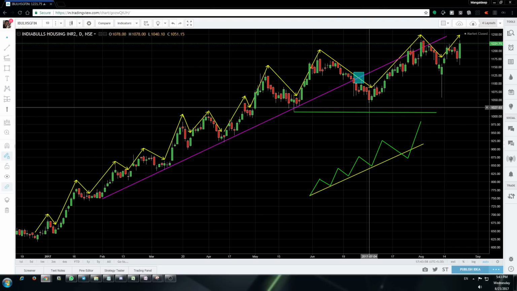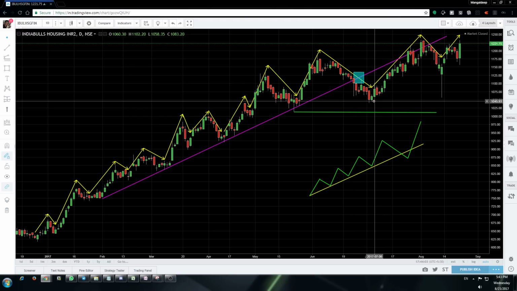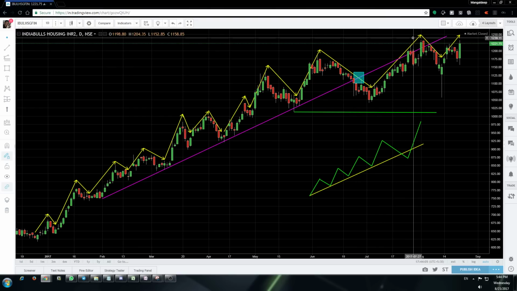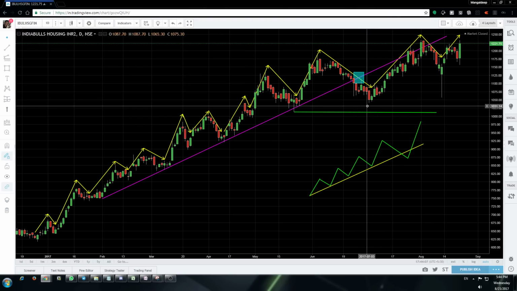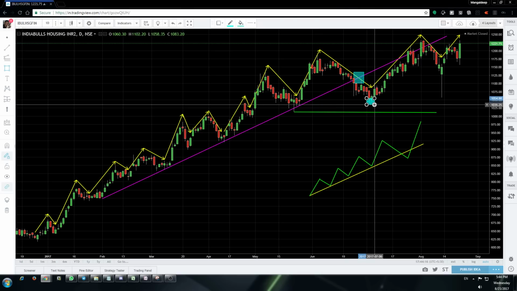In this case it is not even close to it. You see it came down for a while, and then it moved up again. So rather than shorting here, going long at this very position would be more profitable.